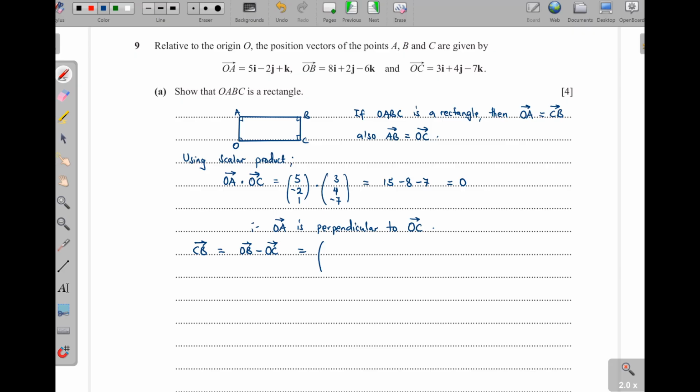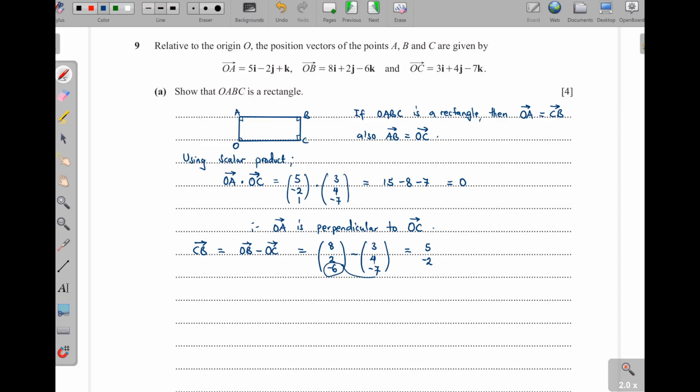So what is our OB? It is 8, then 2, negative 6, then minus. What is our OC? It is 3, 4, then negative 7. So when we subtract 8 minus 3, you get a 5, not so? And then 2 minus the 4, what do you get? Don't you get a negative 2?